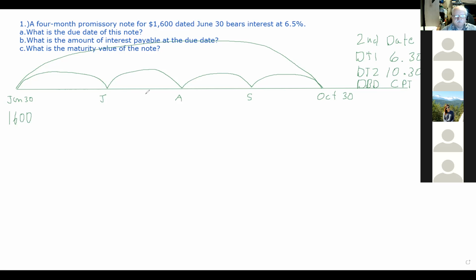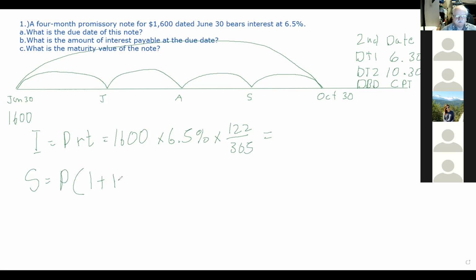Then for the amount of interest, we calculated I equals PRT, which equaled 1,600 times 6.5% times 122 over 365 to get our answer. To find the maturity value, we did S equals P times 1 plus RT.